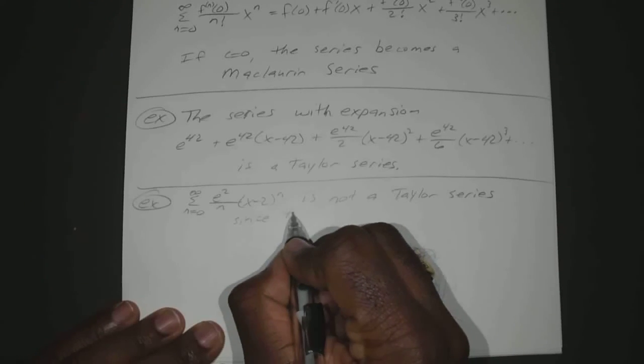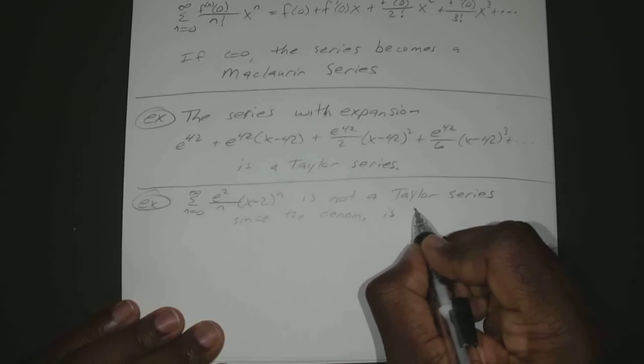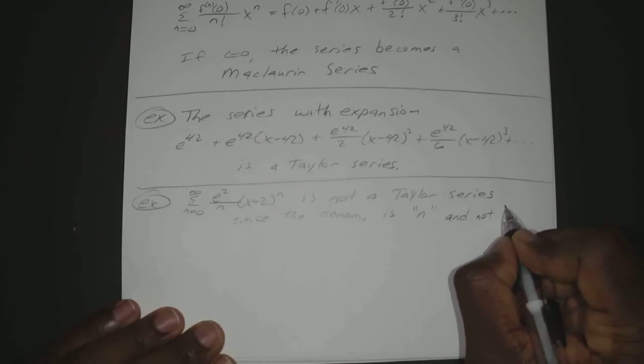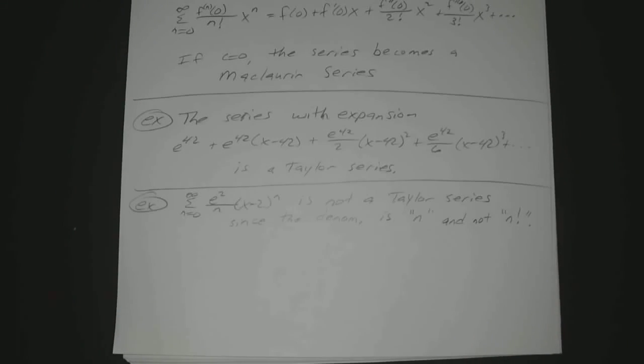Since the denominator is n and not n factorial. So it's really, really detailed. Is 2 factorial 2 or 3? 2. That would just be 2 times 1. Oh, it's 2, I thought it was 2 plus something. Nope, it's just multiplying everything below it.